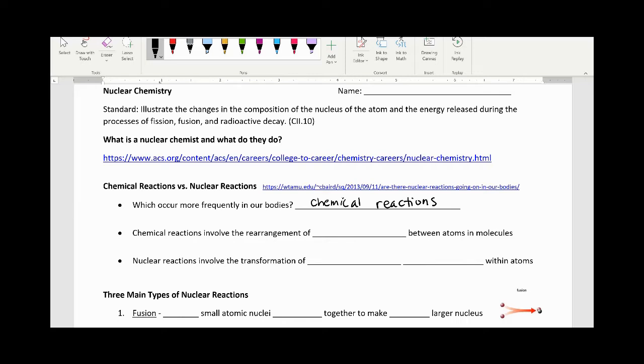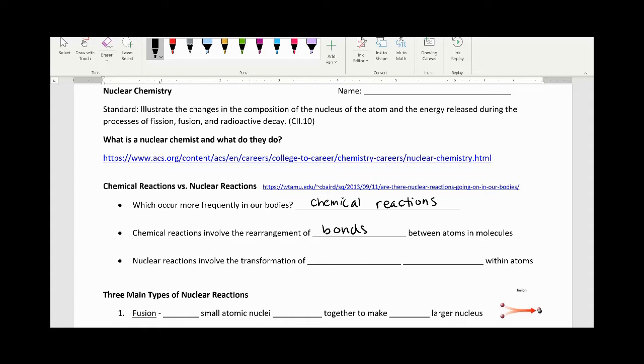So in a chemical reaction, what you're rearranging are the bonds between atoms in a molecule. So for example, if I wanted to change water into hydrogen and oxygen, I'd have to break the bonds within water and make new bonds for just hydrogen and just oxygen, okay? And so in chemical reactions, what we're doing is changing the arrangement of the atoms.